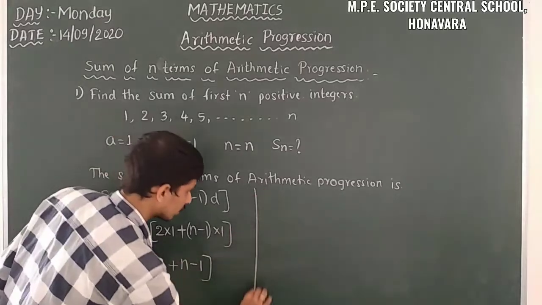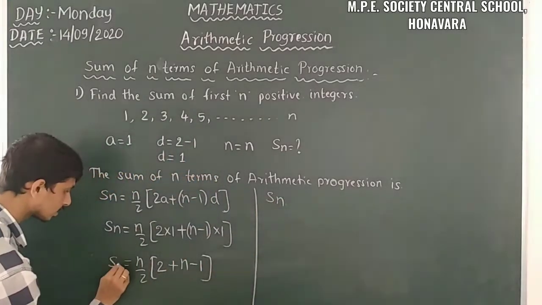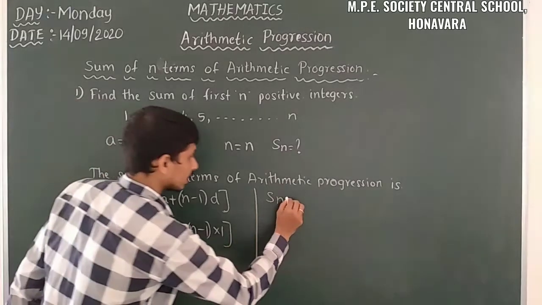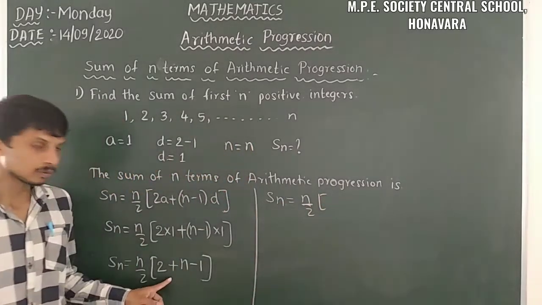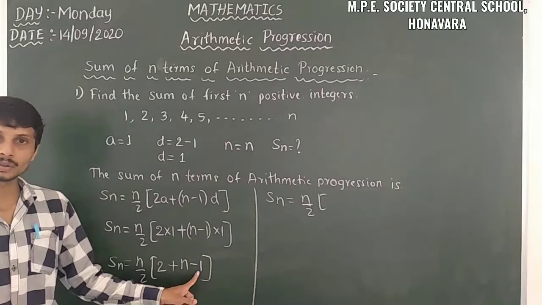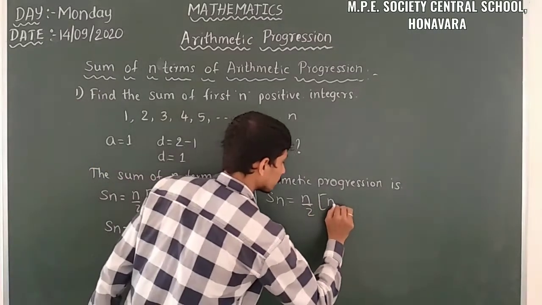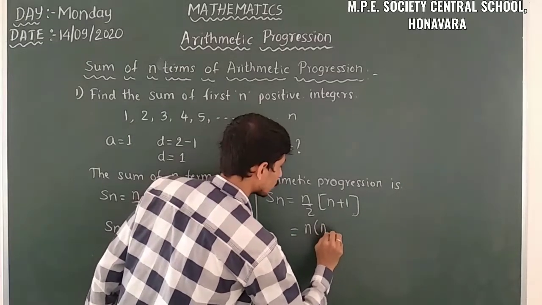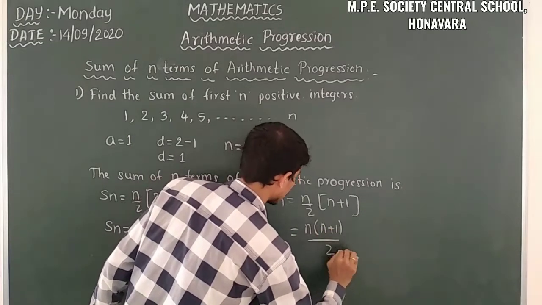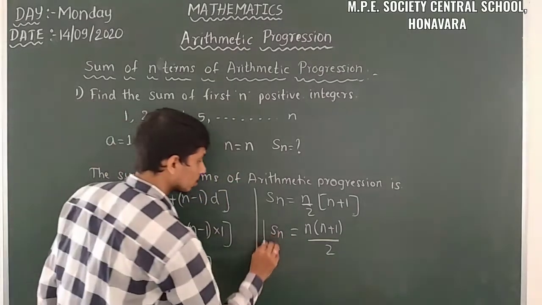So Sn is equal to n by 2, and in the bracket we have 2 minus 1, which becomes plus 1, that means n plus 1. So Sn is equal to n into n plus 1 divided by 2.